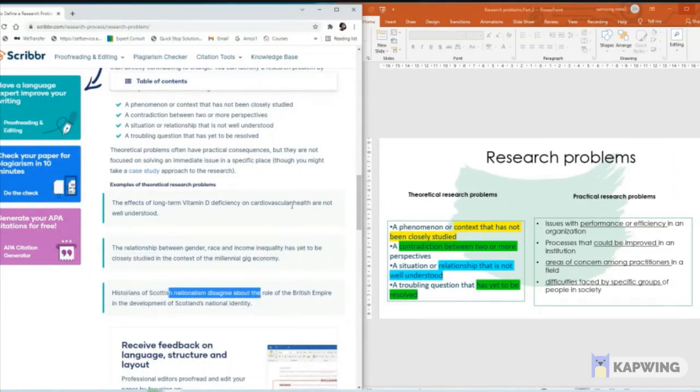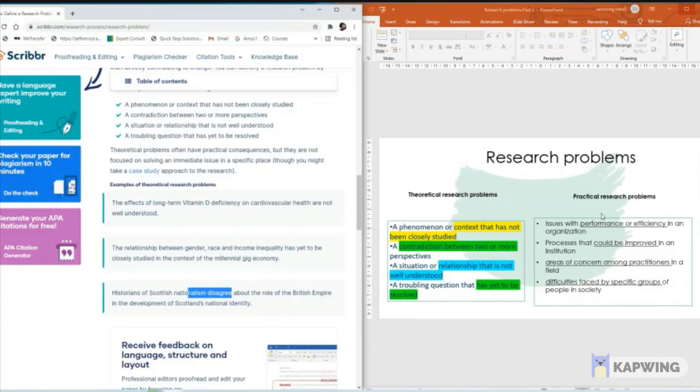From here you can see research problems which are not well understood, which have yet to be closely studied, and where a group of researchers do not agree with the current solutions. This is about the theoretical research problem, regarding the phenomenon, context or contradiction between one variable and another variable.